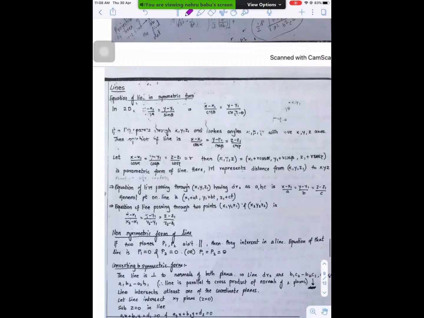Next point is lines, the last concept in 3D geometry. Here we define lines in two ways: one is the symmetric form of a line, and one is the non-symmetric form. The symmetric form is the same as in 2D, where we define x minus x1 by cos theta equal to y minus y1 by sin theta.